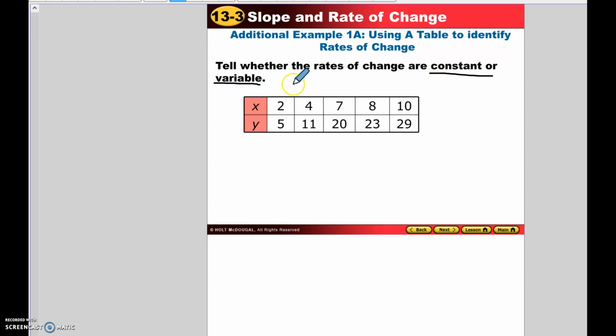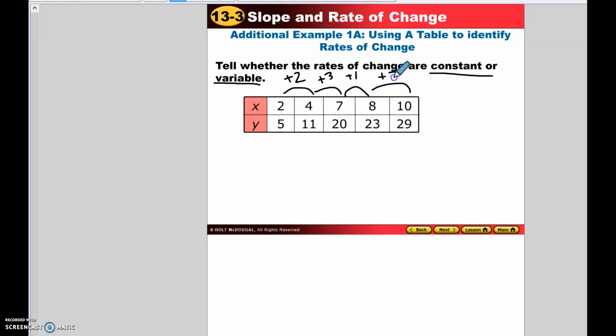Okay, what we're going to do is figure out how x is changing. From 2 to 4, I'm adding 2. From 4 to 7, I'm adding 3. From 7 to 8, I'm adding 1. And 8 to 10, I'm adding 2.